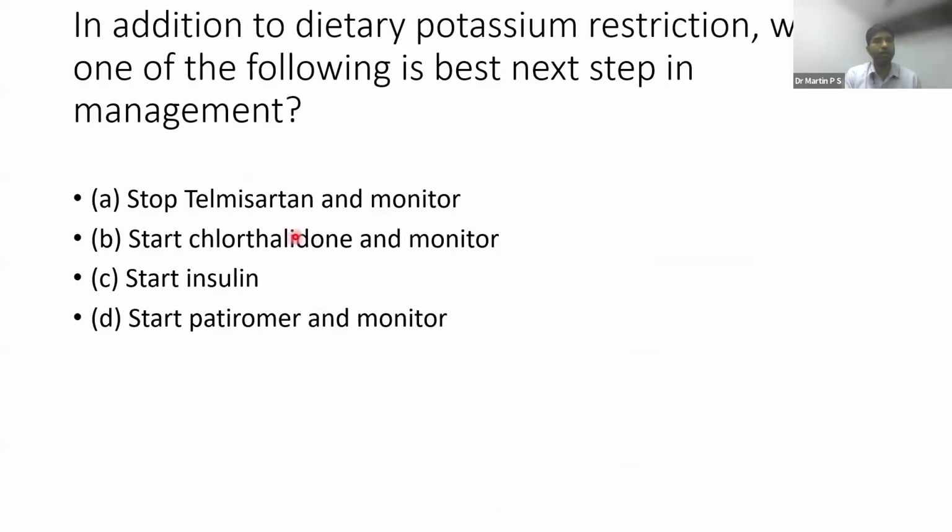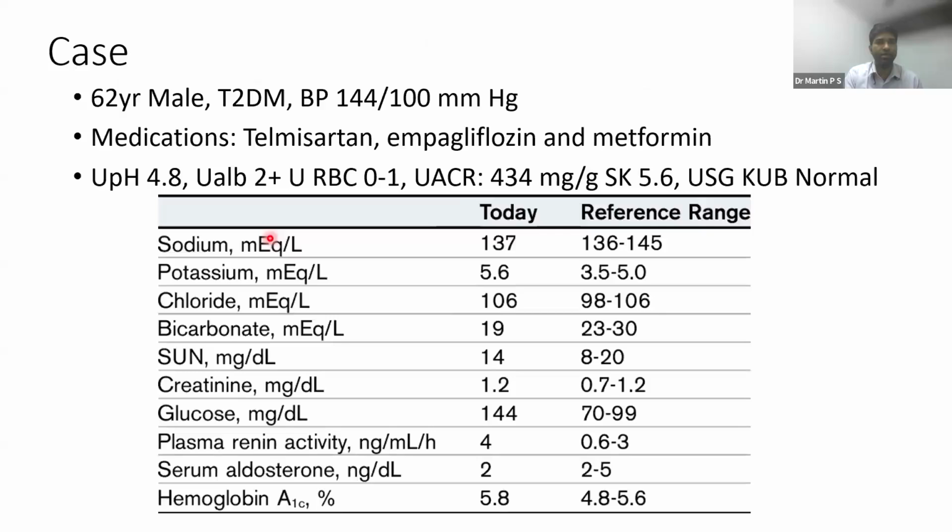So unlikely. Will you stop telmisartan and monitor? No, better not stop it. So in this particular patient, you can see that thiazide diuretic, when you add a thiazide diuretic, you will be able to control the hypertension, and at the same time, you will be able to control the hyperkalemia.